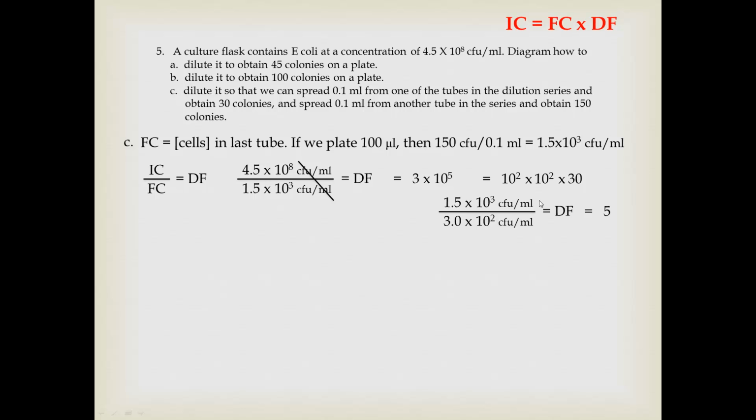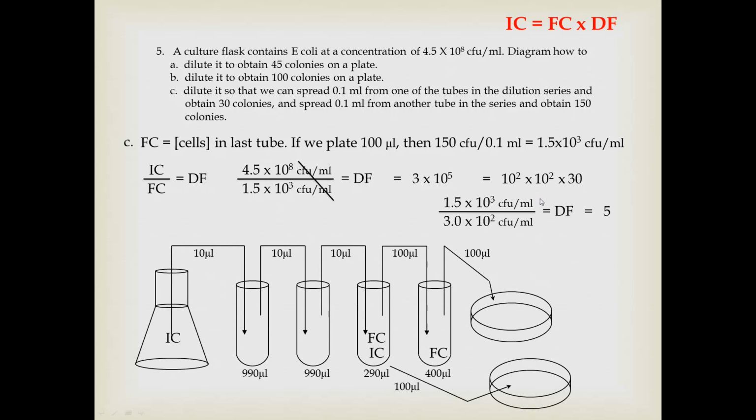There are lots of ways to do different dilutions, of course, but here's a way you could do it. 10 into 990 is a 1 to 100 dilution. 10 into 990 is a 1 to 100 dilution. 10 into 290 is a 1 to 30 dilution. That's your IC and your FC to get through that dilution series that gives you 150 colonies on a plate when you plate 100 microliters.